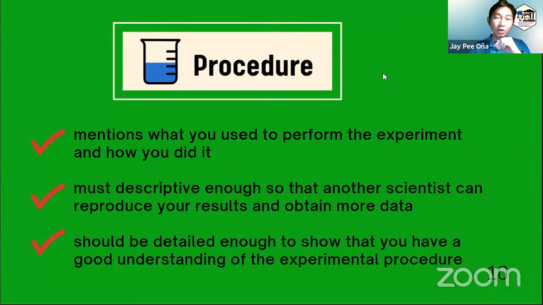Okay? So heading on to the procedure. So this is also included in the laboratory manual, and it mentions what you use to perform the experiments, the apparatus, the essential quantities that you use.